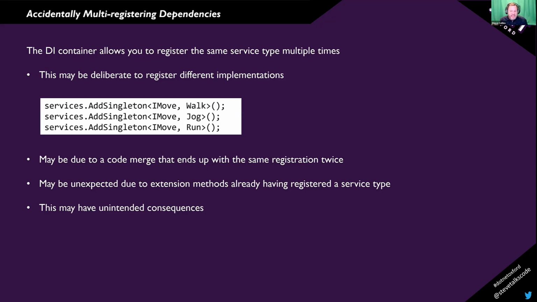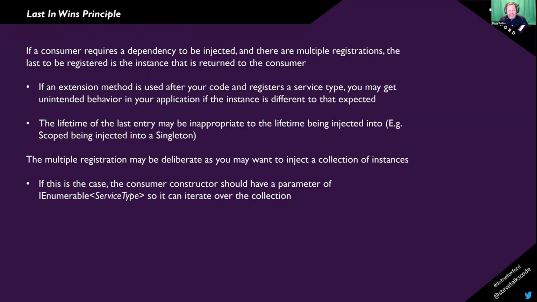Or there may be an extension method that's registering a different implementation to the one you're expecting. So you think you're registering IWidget as WidgetA, and some extension method comes along and registers IWidget as WidgetB. So you're going to have two different things happening, and it can have unintended consequences. It's down to the way the container works, and it works by default on a last in wins principle.